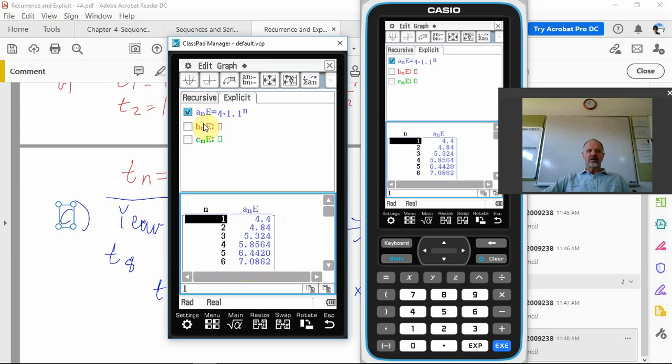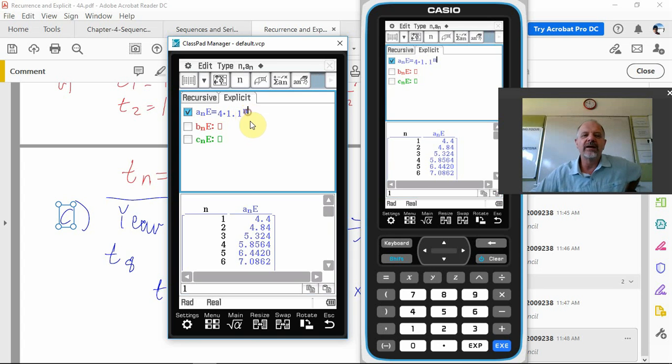Sorry, this is not to the n, is it? I made an error there. It's to the n minus 1. That's no good. Good thing I picked that up.